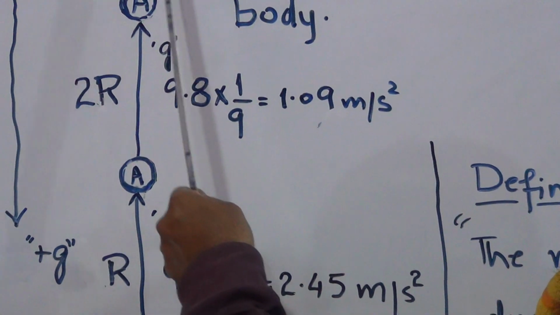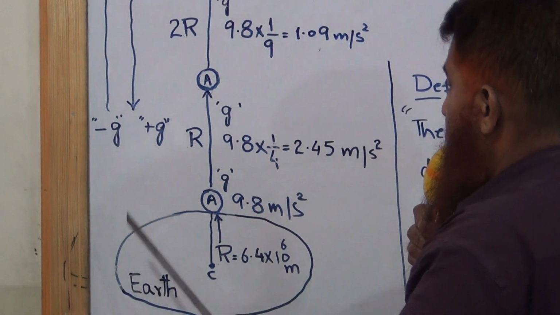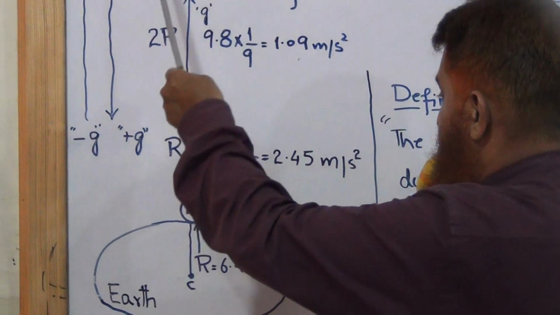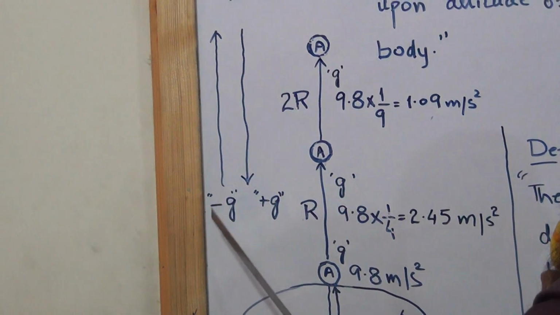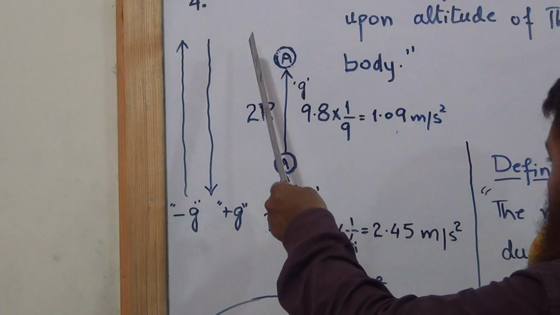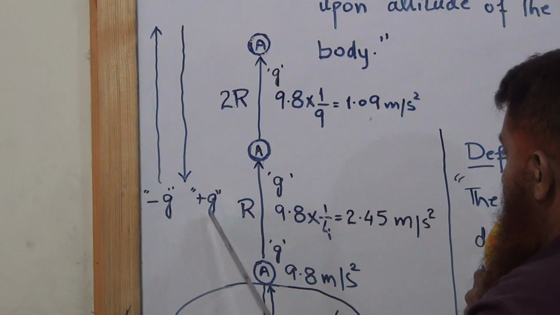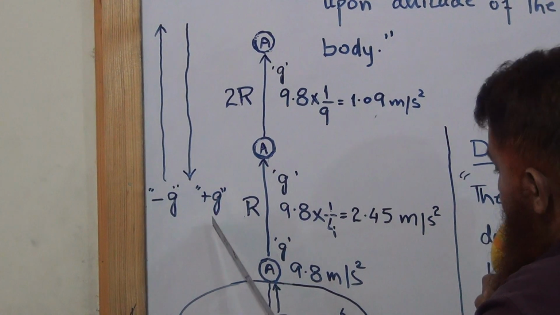Therefore, weight will become 0. Now, one thing more: when the bodies are moving up vertically, their value of g is negative. When the bodies are moving downward vertically, their value of g is positive.